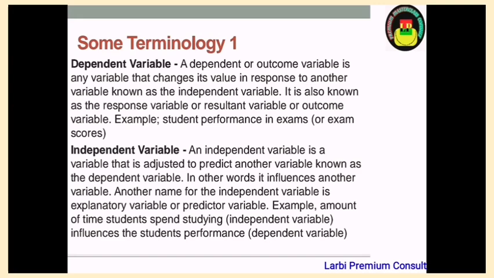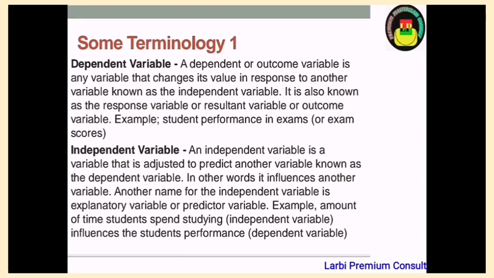But the studies or the learning that you actually do becomes what we call an independent variable. So independent variables are those variables that will actually influence another variable. We can also call it an influencer variable, or a predictor variable.